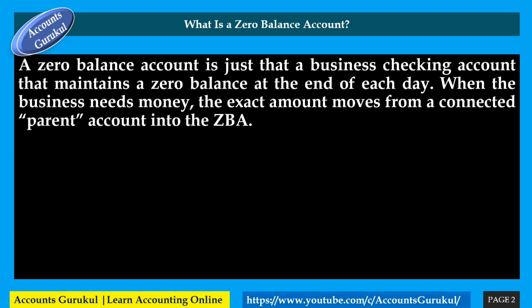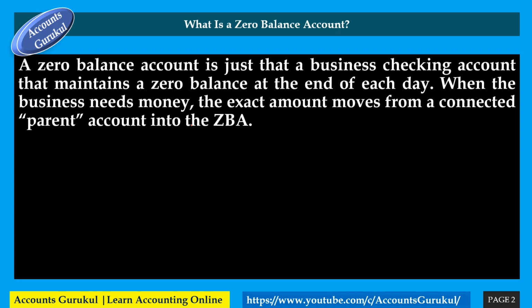So the business checking account maintains a zero balance each day, and whenever the business needs some money, that exact amount moves from a connected parent account into the zero balance account.